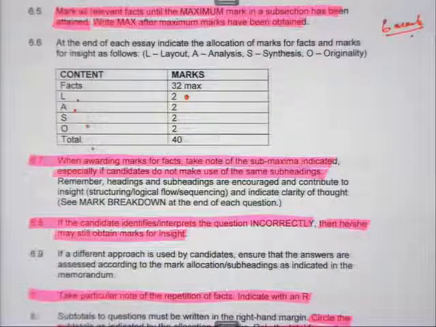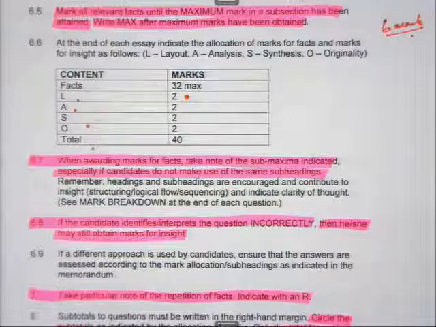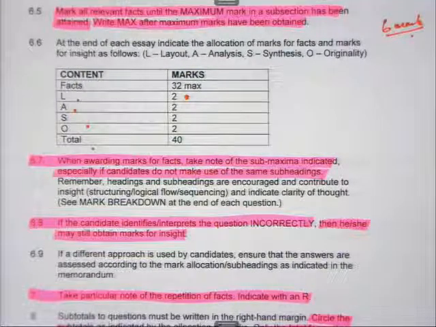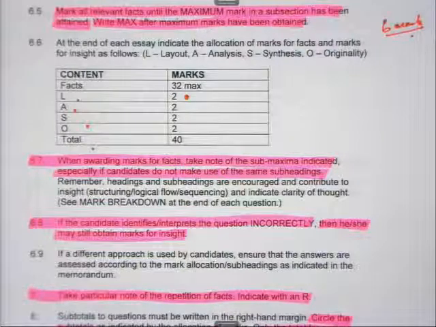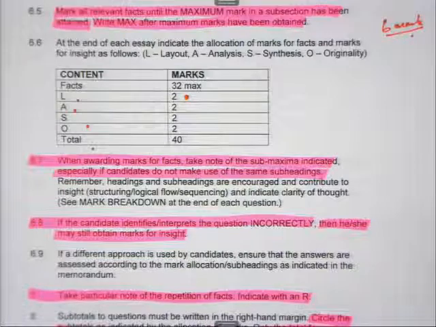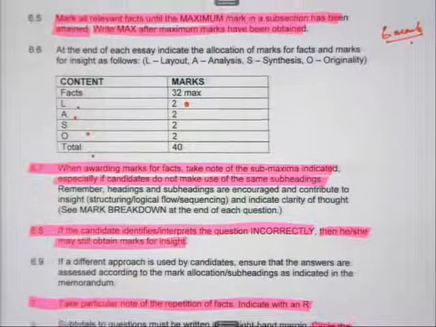If a candidate misinterprets the question, that candidate will not get marks for that question. However, the candidate still has an opportunity to get marks for insight. For example, if there is an introduction and also a conclusion, that candidate will still get those 2 marks. That's what this note means.